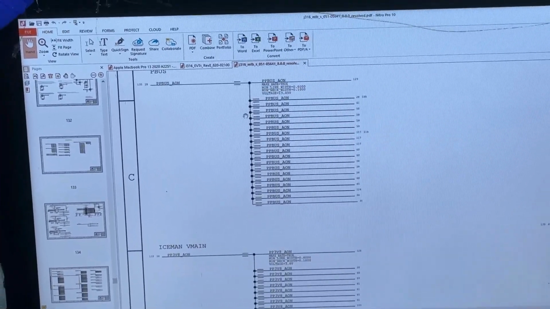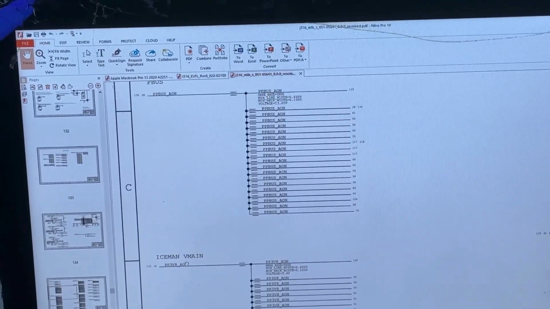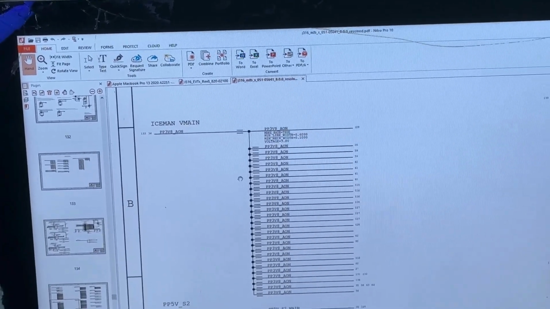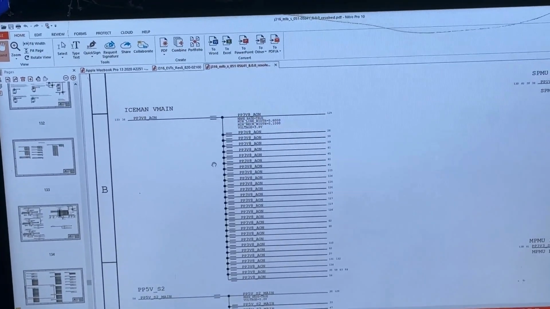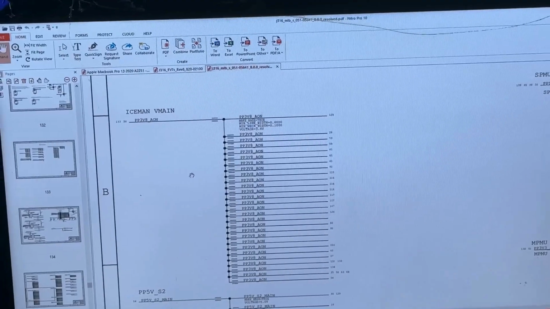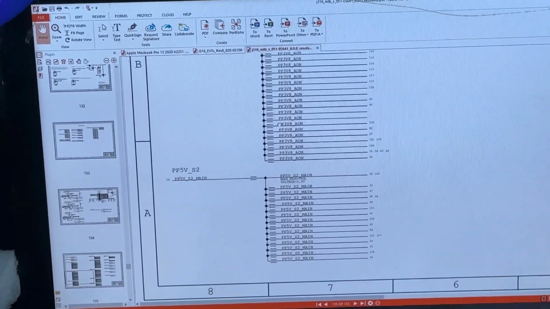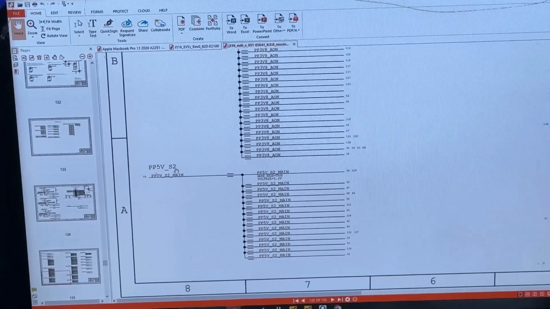PP bus 12 volts is present. IC main V main, which is PP3 V3AON, is present.